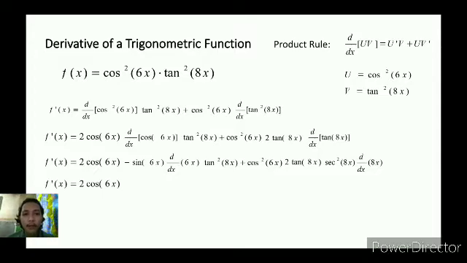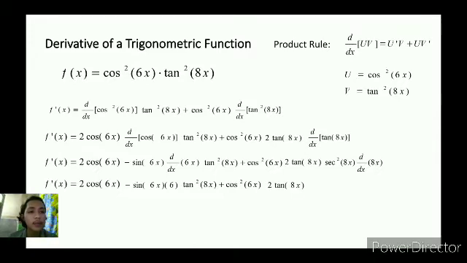F prime of x is equal to 2 cosine 6x times negative sine 6x times 6, which is from the derivative of 6x, and just copy this tangent squared 8x plus cosine squared 6x, 2 tangent 8x times secant squared 8x times 8, which is from the derivative of 8x.